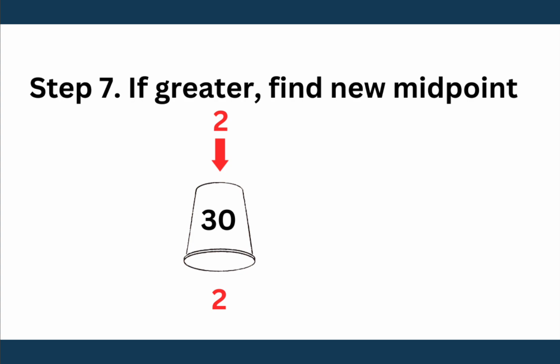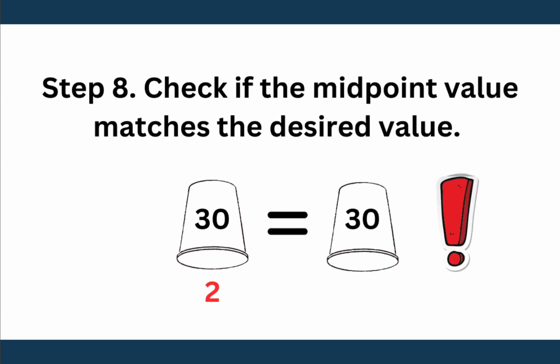So then I grab that value by that index of 2, and then I compare the value of that item to the value that I'm looking for, and perfect match. So bam, we're done. And that's pretty much how you do binary search.